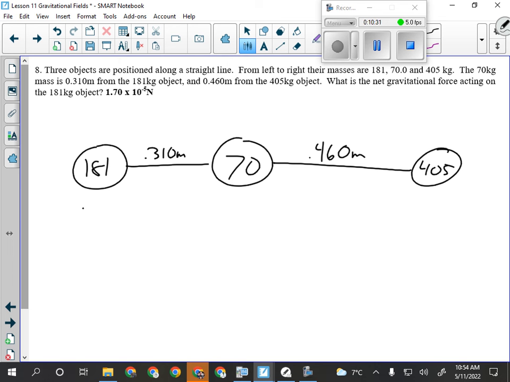All right, so there are two force of gravity calculations to do. We're going to call these 1, 2, and 3.